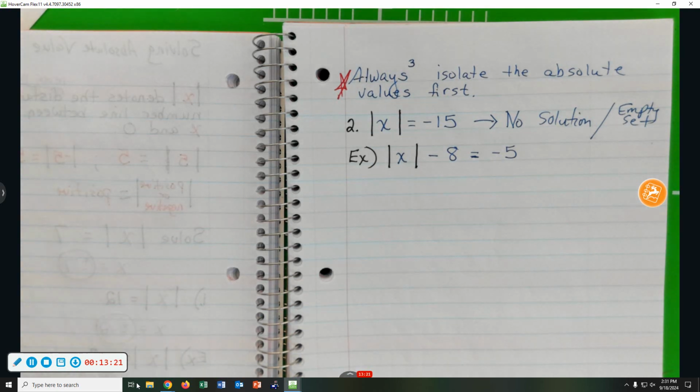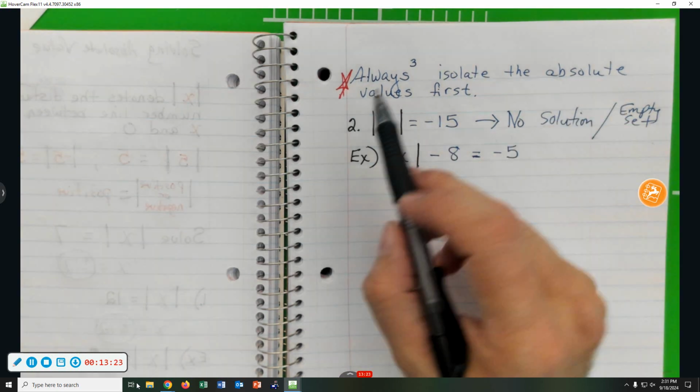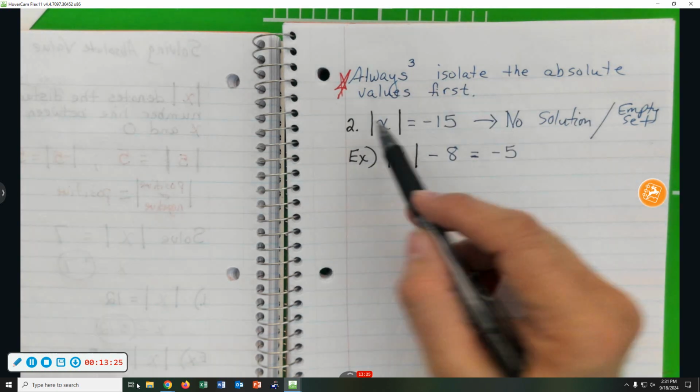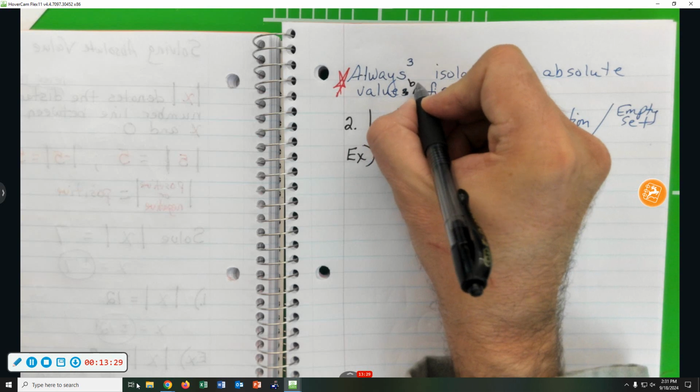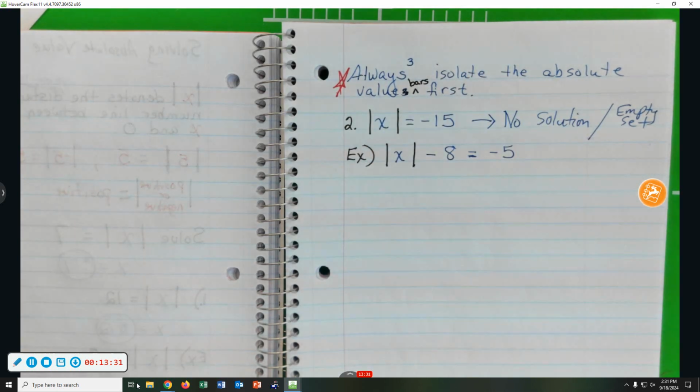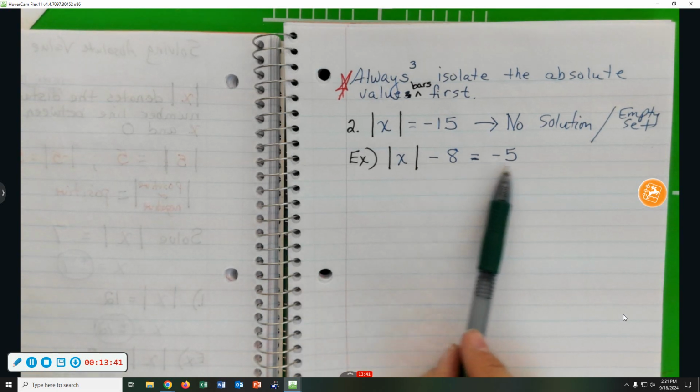Always isolate the absolute value first. What am I doing? A very poor job of saying what we need to do first on this problem.